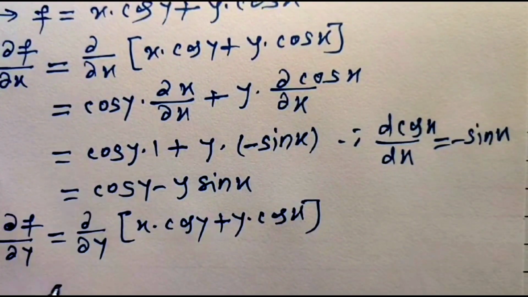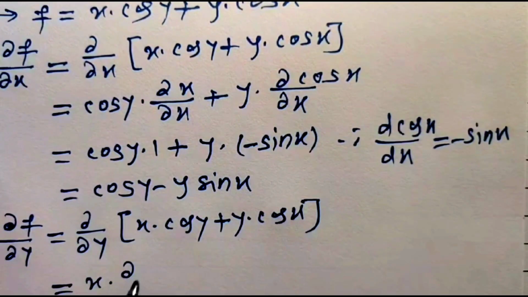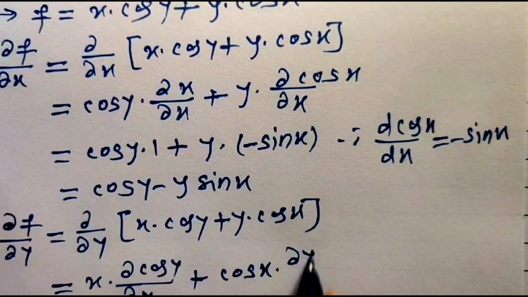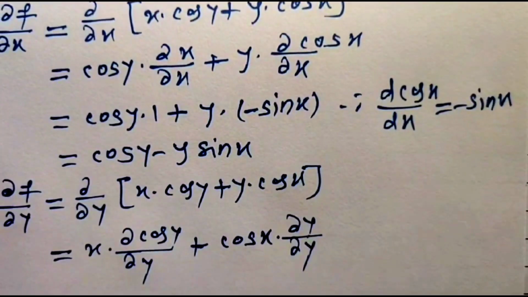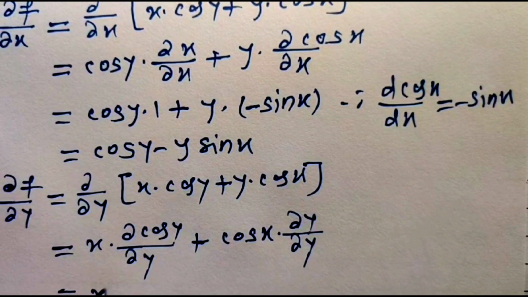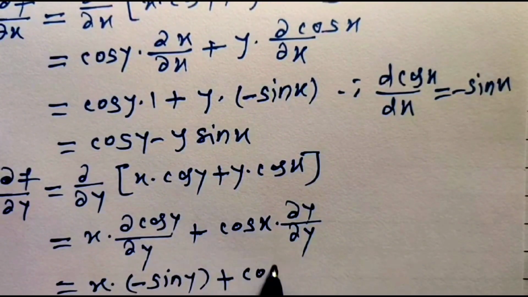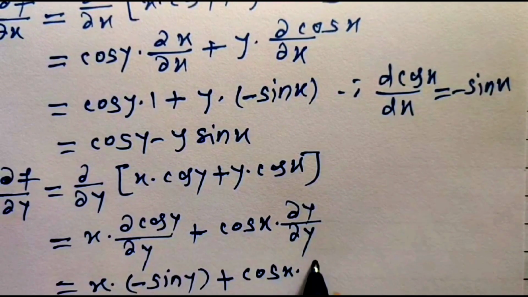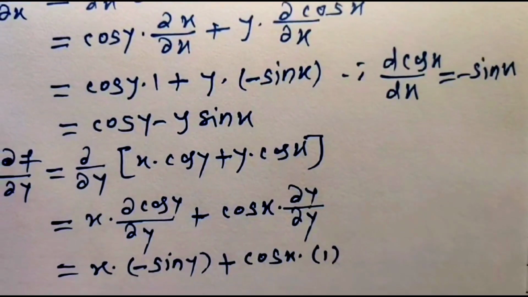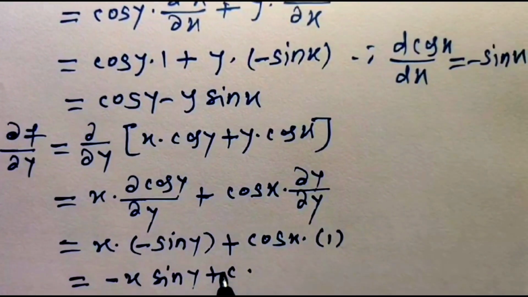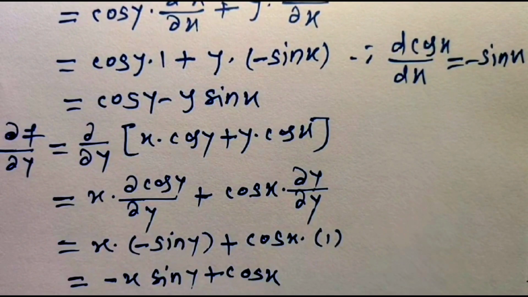So this can be written as x into partial derivative of cos y with respect to y plus cos x into partial derivative of y with respect to y. So this is equal to x into derivative of cos y, which is minus sin y, plus cos x into derivative of y with respect to y, which is 1. After simplification, partial derivative of f with respect to y is minus x sin y plus cos x. This is addition.